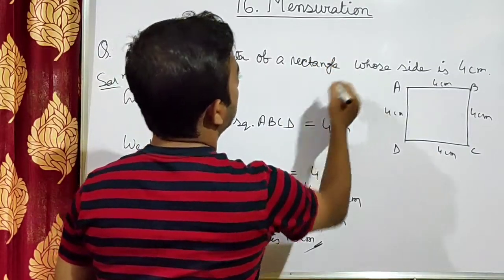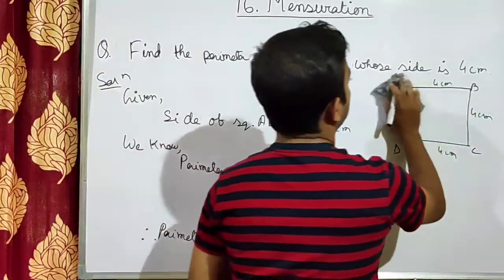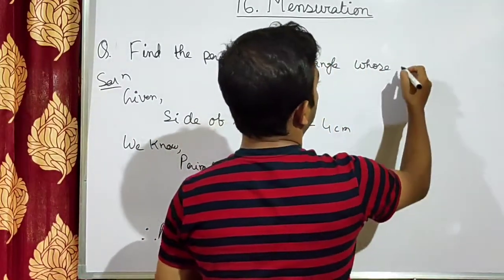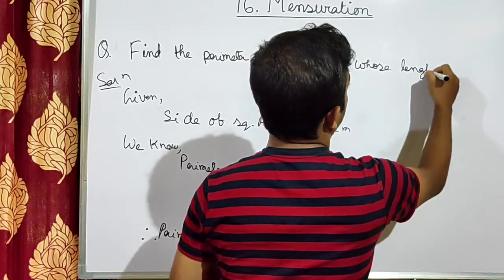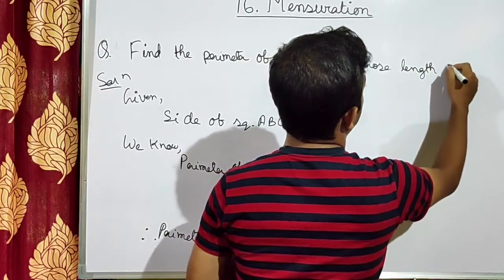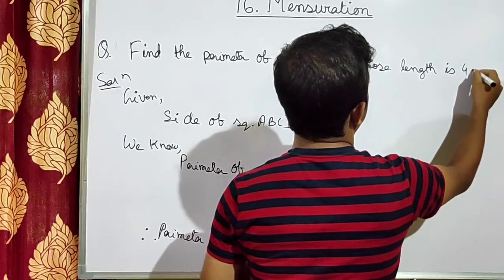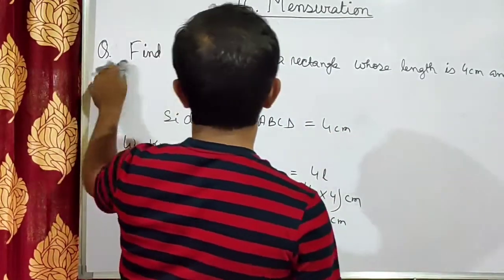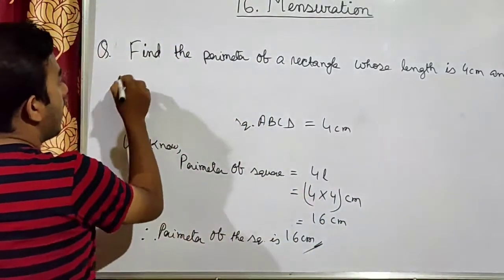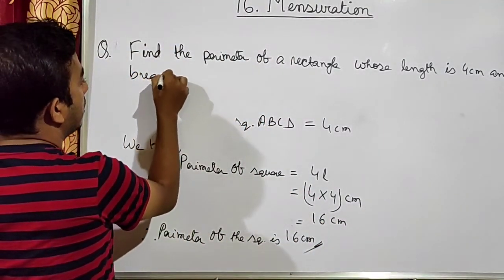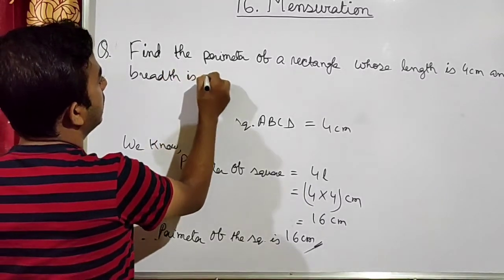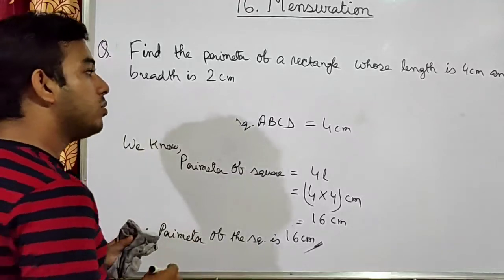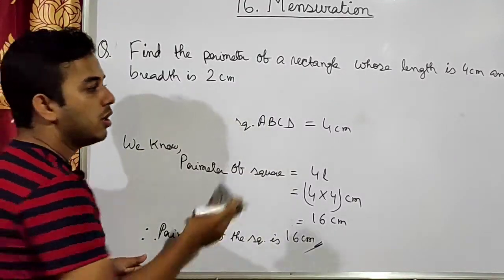Find the perimeter of a rectangle whose length and breadth. In this case, we will not write side. We will write whose length is, for example, 4 centimeter and breadth is 2 centimeter. That is, we have a rectangle whose length is 4 centimeter and breadth is 2 centimeter.